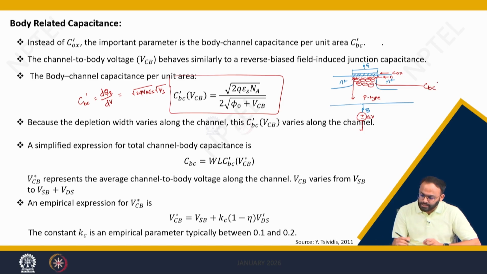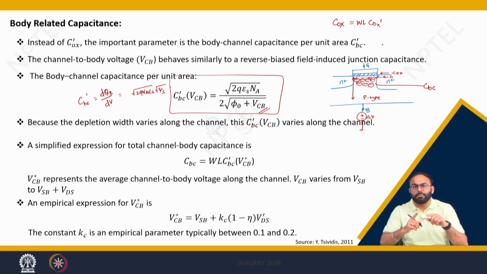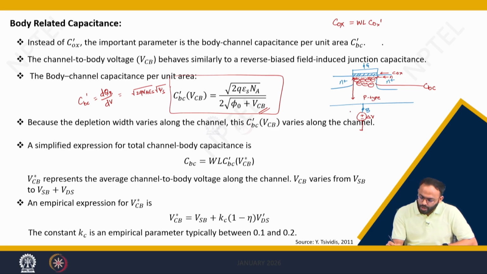Now as CBC is dependent on VCB, you cannot simply say it is an oxide capacitance similar to Cox, because to calculate the overall capacitance Cox, we simply multiplied with the area, W into L into Cox dash. However, here this CBC dash is dependent on VCB, so you cannot simply multiply with the area. So you need to what? Integrate between 0 to L to find out the overall CBC.